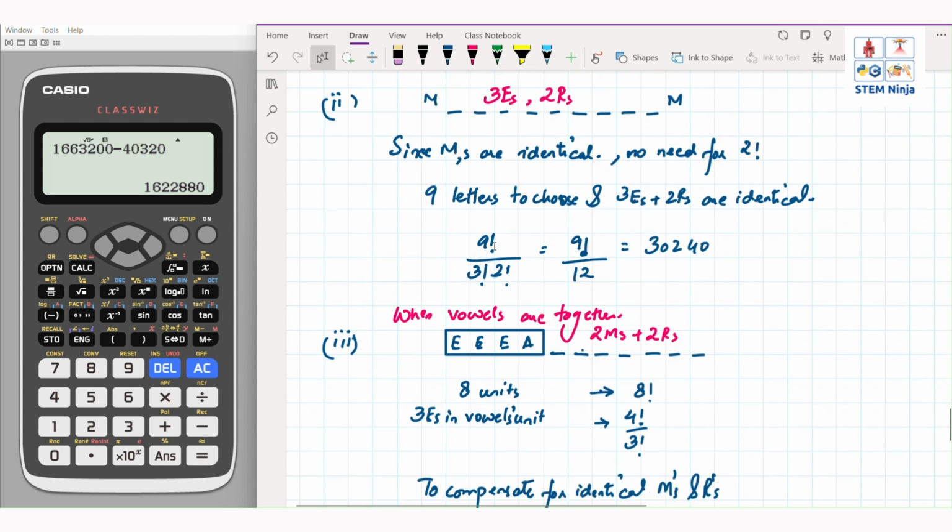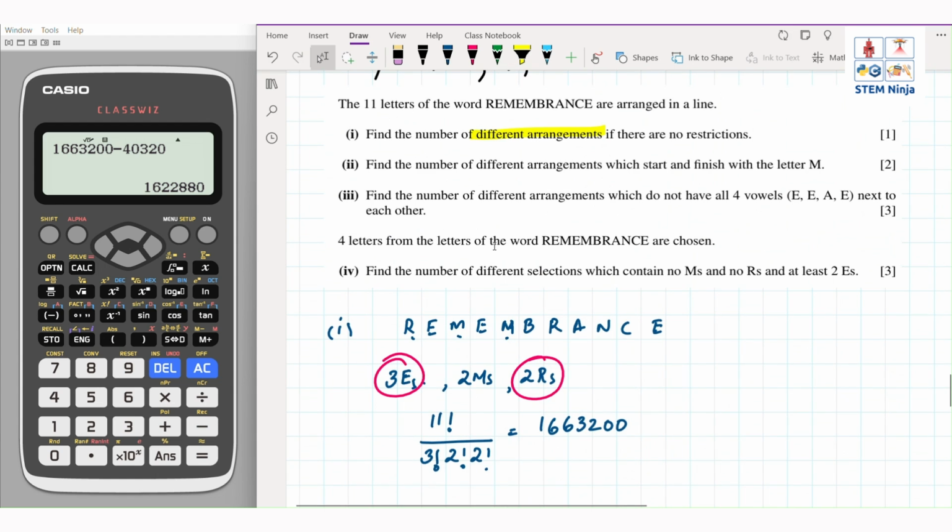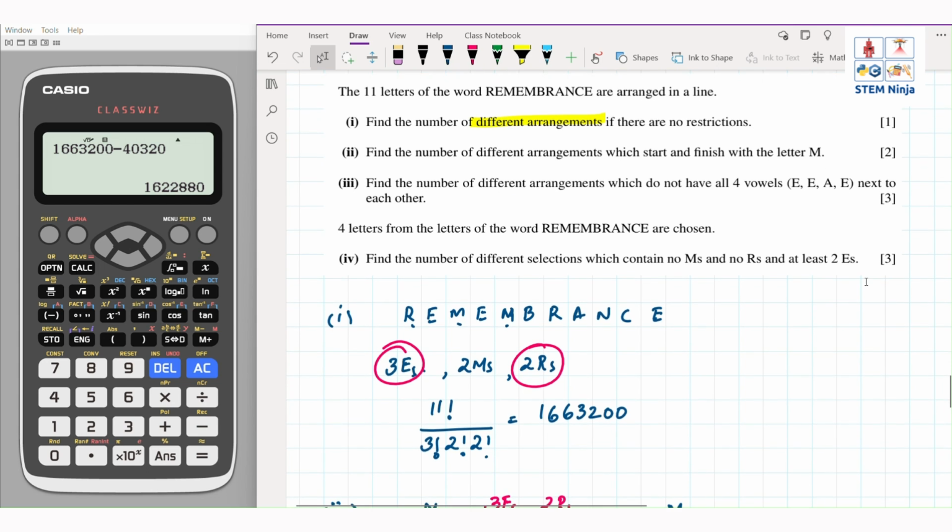Now, 4 letters of the word remembrance are chosen. Find the number of different selections which contain no M's, no R's, and at least 2 E's. So we have no M's, no R's.